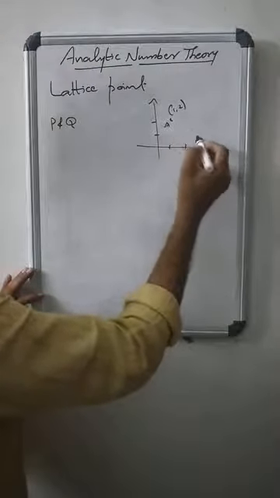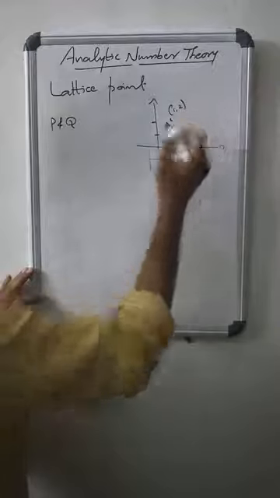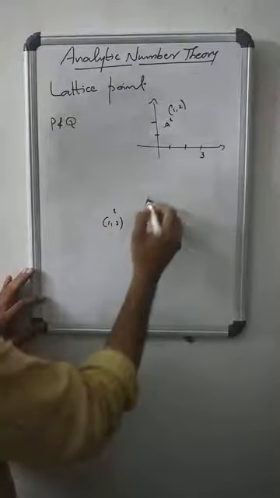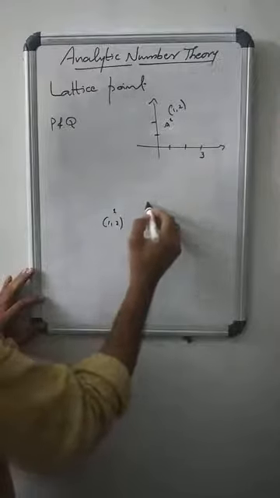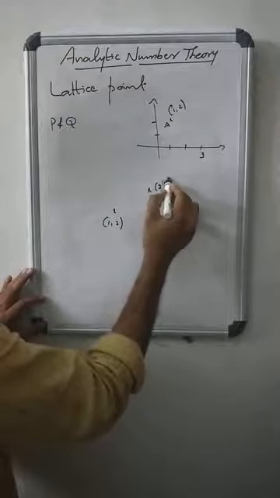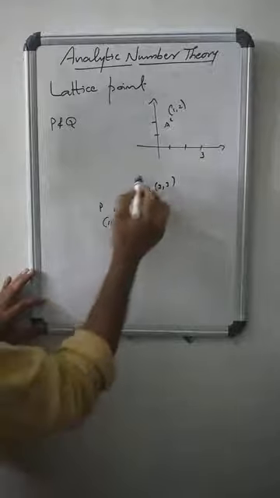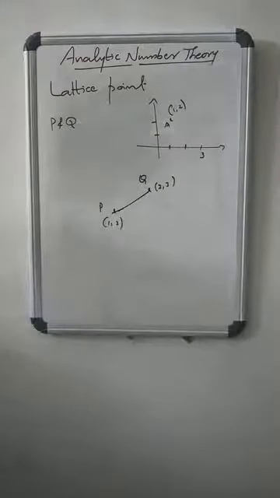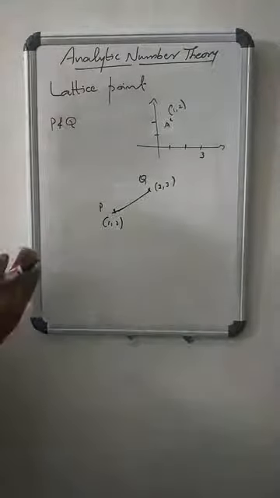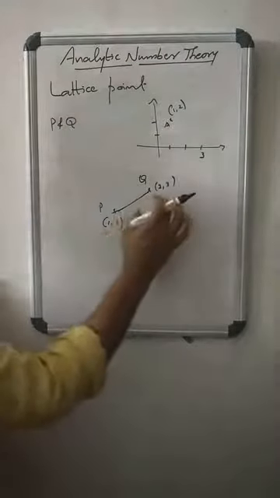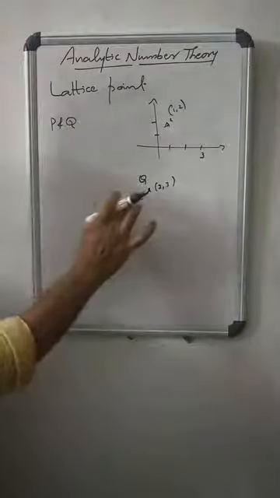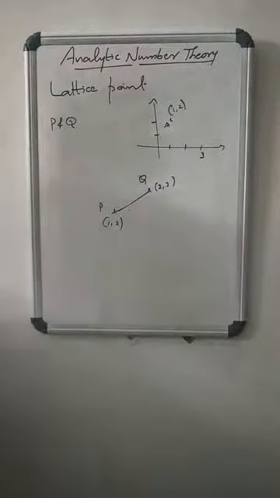Let them be P and Q. Then consider PQ. The line segment PQ contains no other lattice points except the endpoints P and Q themselves. So P and Q are said to be mutually visible.